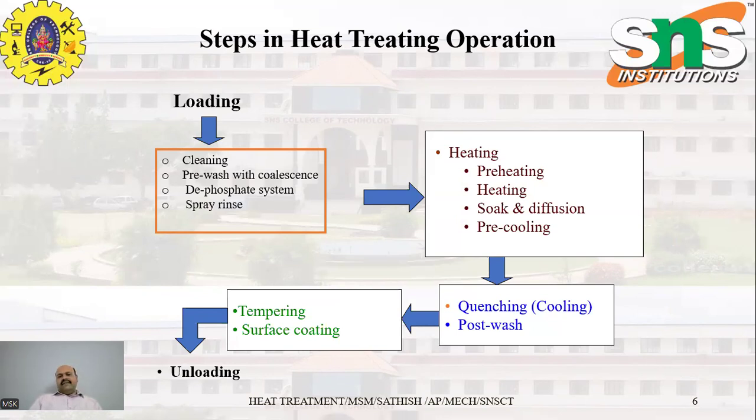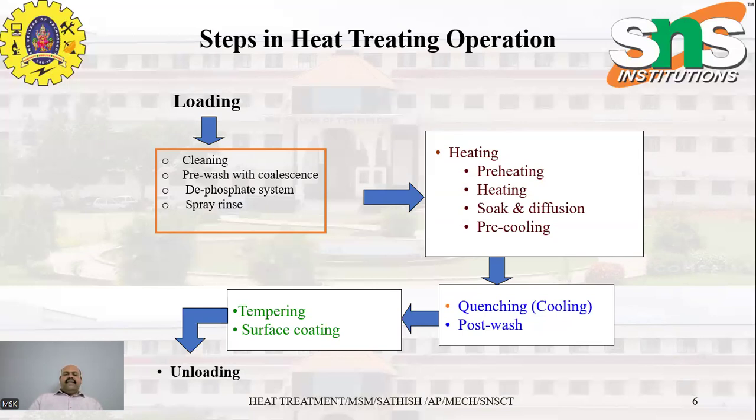So let us have a visual imagination of a material going inside a Jurassic Park hut. You all know Jurassic Park, where a group of people enter with a boat, and it enters inside that Jurassic Park. We have different experiences. Likewise, the loading requires certain pre-operations before heat treatment.